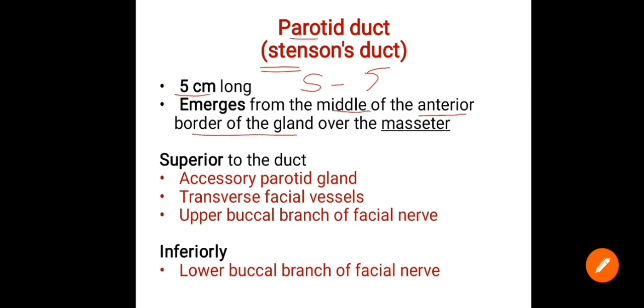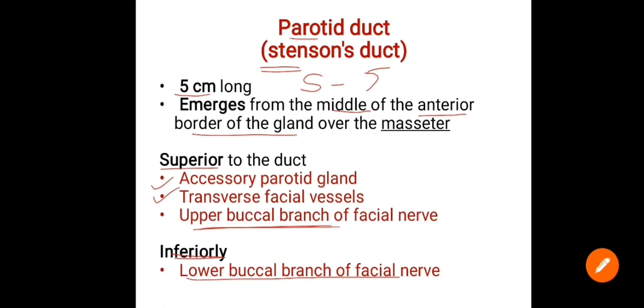And some of the structures in relation to this duct are, superior to the duct you have the accessory parotid gland, your transverse facial vessels, and you also have your upper buccal branch of the facial nerve. When we were explaining the pes anserinus, I showed you, right? The upper buccal is passing above the duct and the lower buccal branch is passing inferior to the duct.